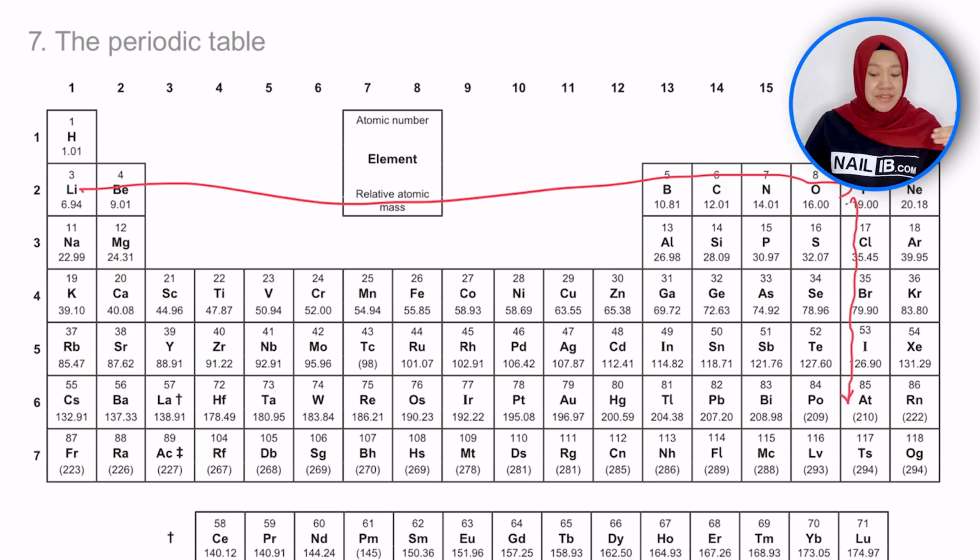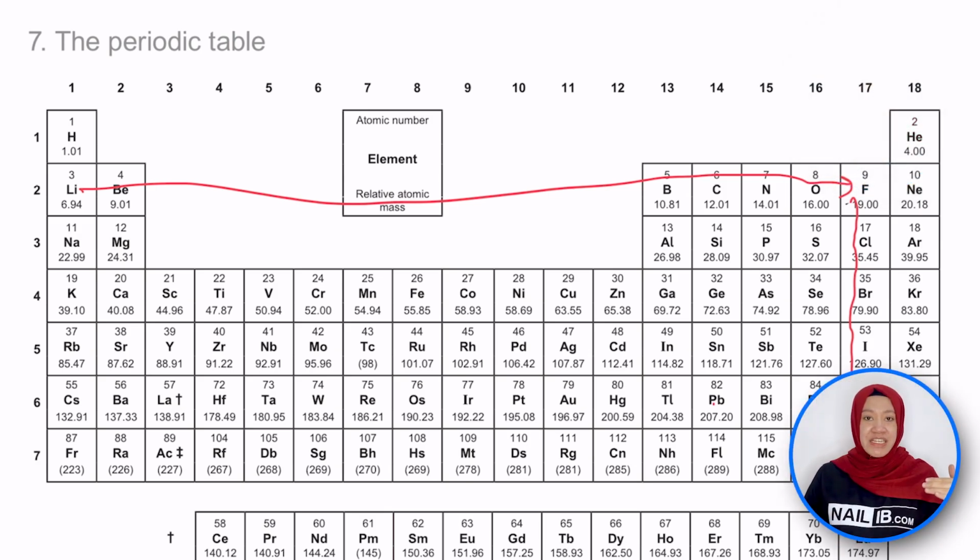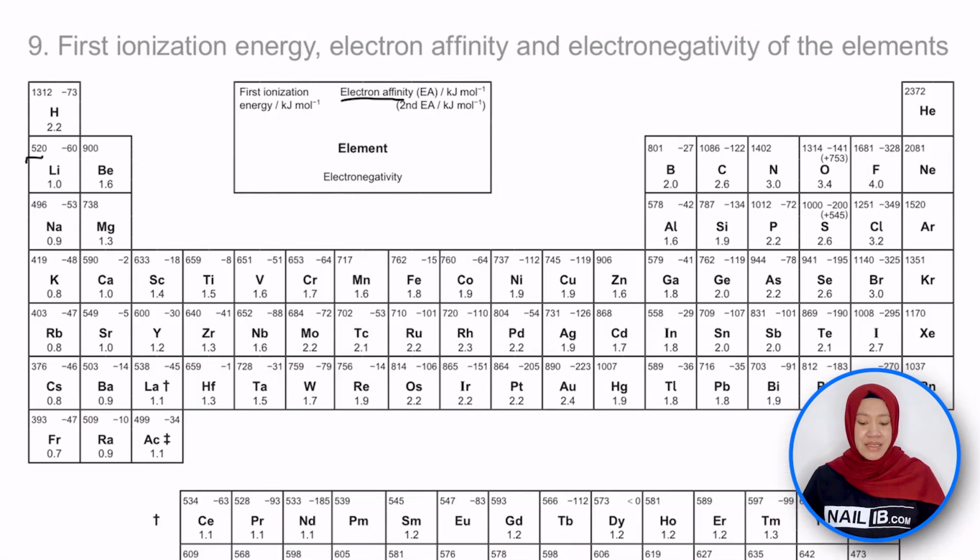So when you go towards F, the electronegativity increases because F is the most electronegative element on the periodic table. And when you move away from F, the electronegativity decreases. You can see the number here, electronegativity, at the bottom here. F is the highest, 4.